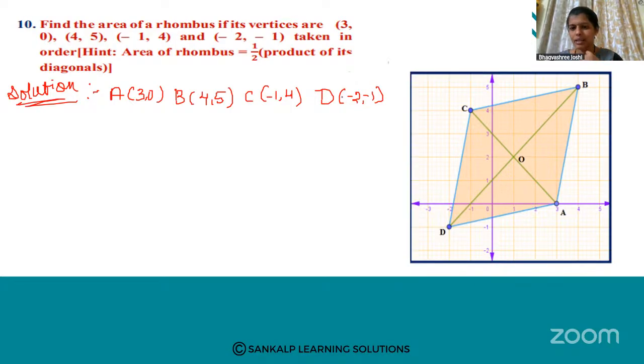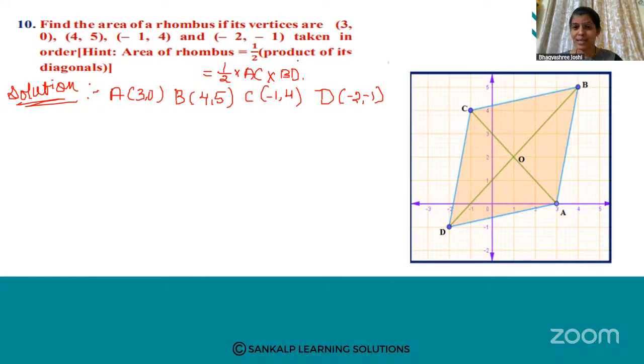See, my dear children, here we need to find the area of a rhombus. So for the area of a rhombus, what is the formula? Half into product of its diagonals. So here AC and BD are the two diagonals, right? So product of its diagonals means AC into BD, right?